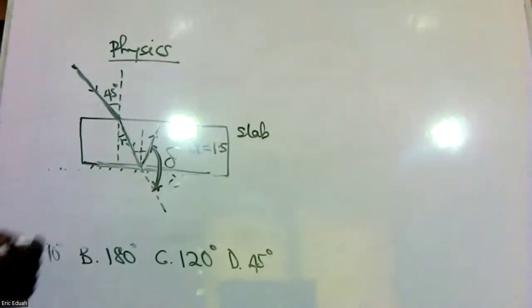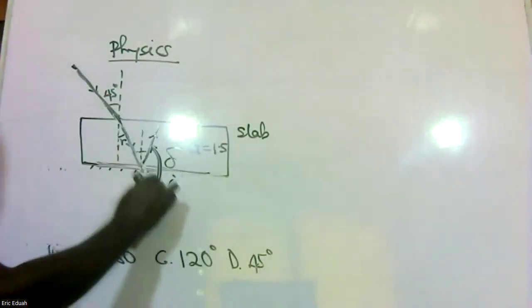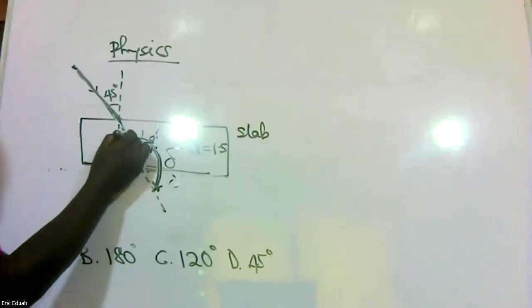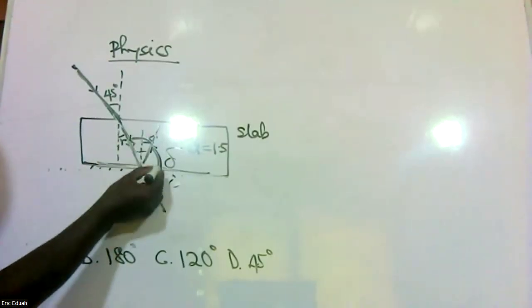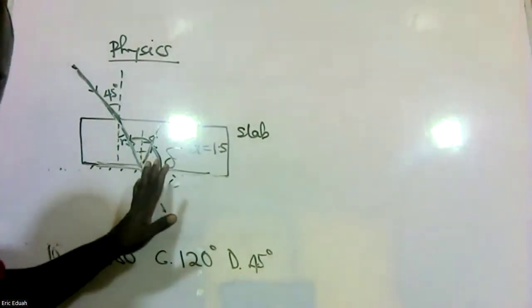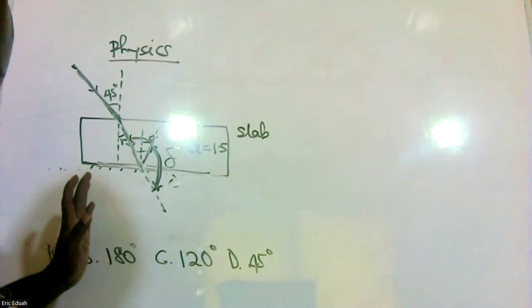Okay. So to determine the angle of deviation, this line is 180. We must determine this angle and subtract it from 180 to get the angle of deviation. Are you okay so far with the explanation? Class, are you? Yes.